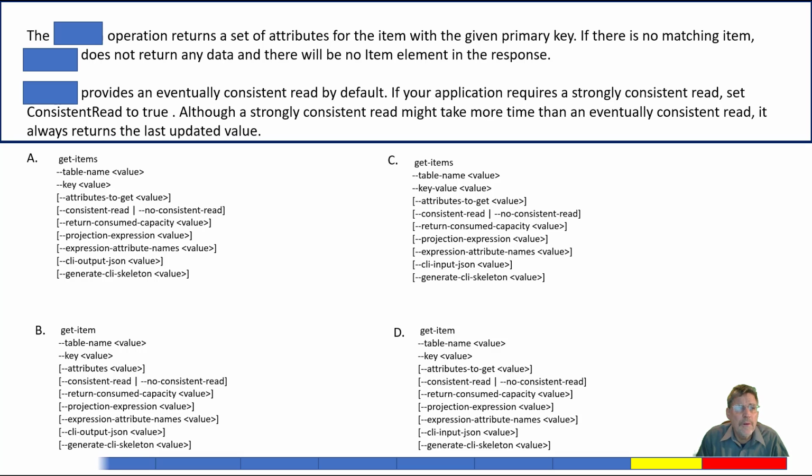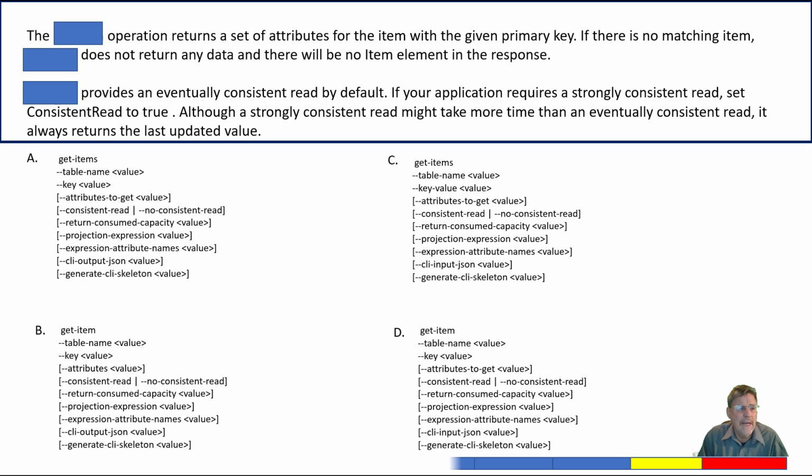The blank operation returns a set of attributes for an item with a given primary key. If there is no matching item, blank does not return any data, and there's no element in the space. So what is it? This is a get item command. Is it get items or is it get item? Well, that's the first question.